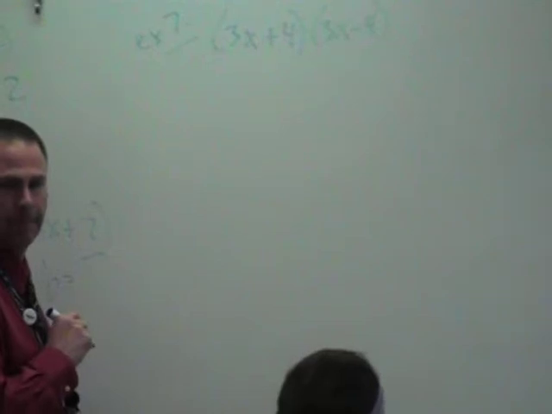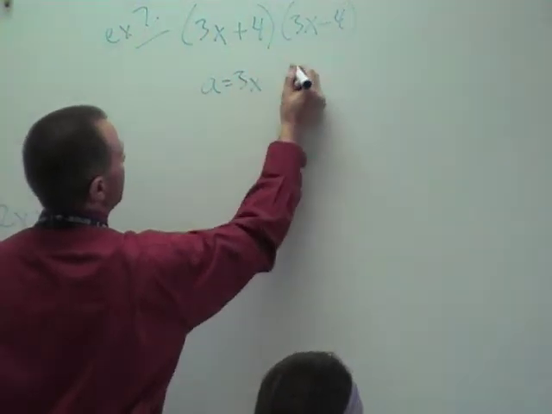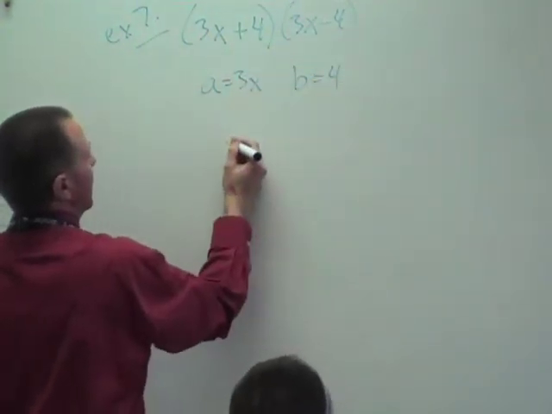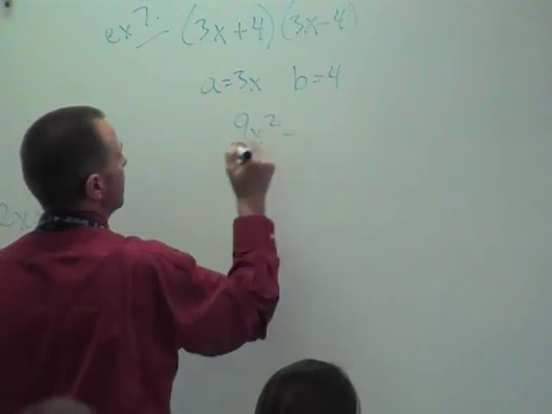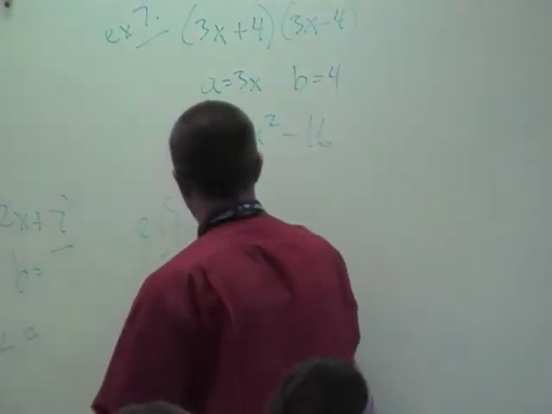Got it? So A is 3x, B is 4, A squared is 9x squared minus B squared is 16. Good. All right, here's the hard stuff.